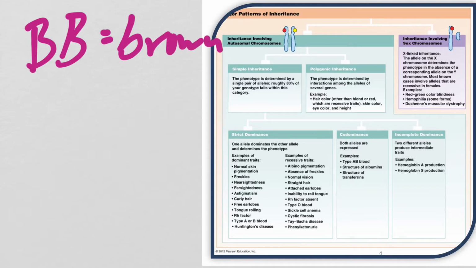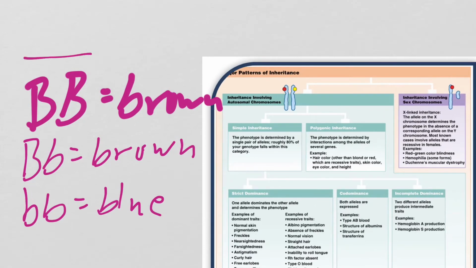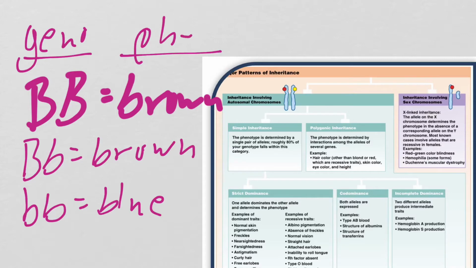Heterozygous would be big B, little b, which will also show up as brown eyes because brown eyes are strictly dominant over blue. And homozygous recessive, little b little b, for blue eyes, as we said. And the letters again are the genotype, and the traits are the phenotype.